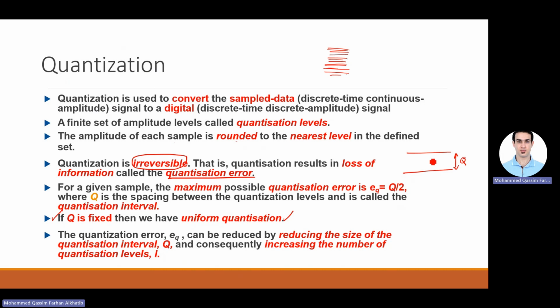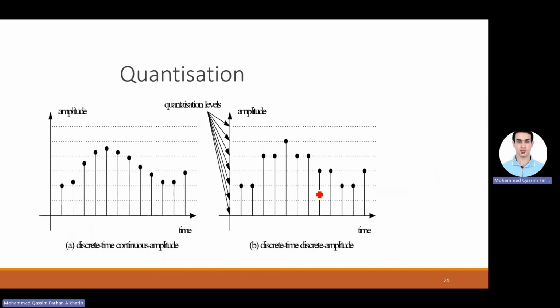If it's in here, it will approximate to this value. This is my error. If it's here, this is the error. But if it was exactly at the middle, that's Q over 2. So that's the maximum possible quantization error. Let's see if there's an example on this.